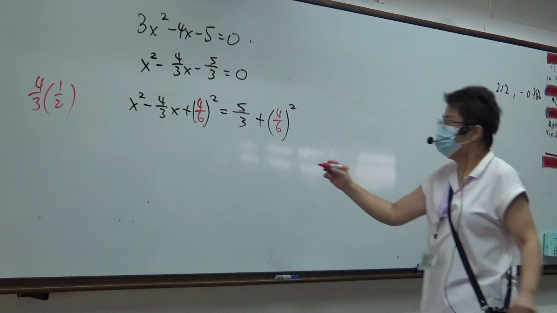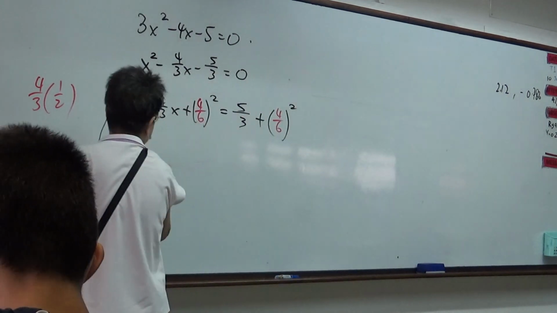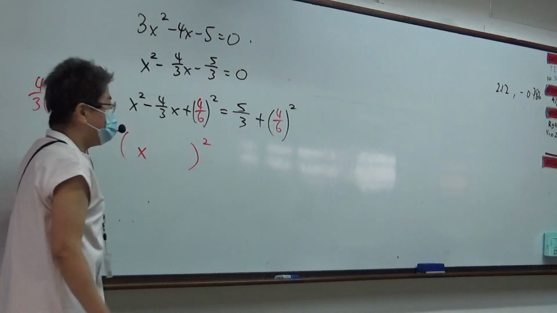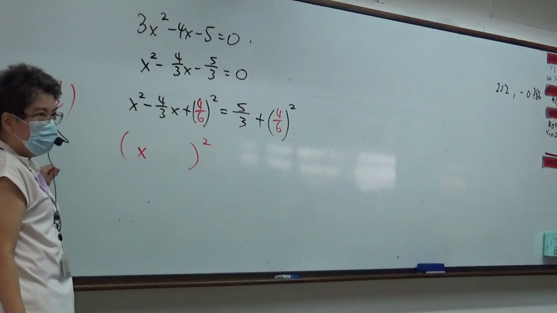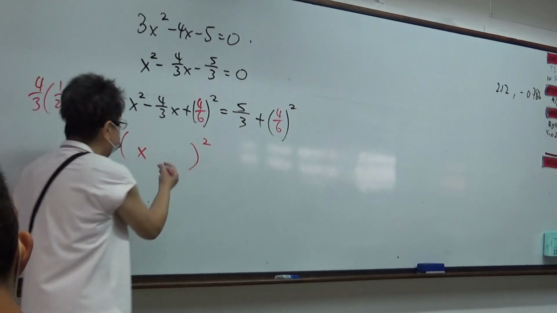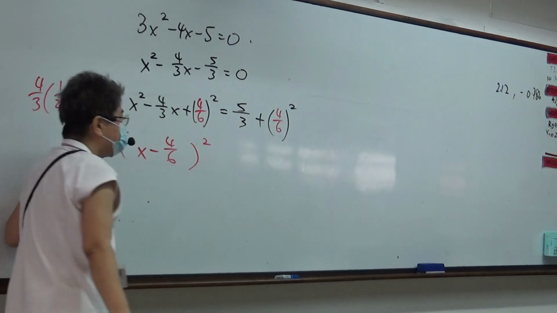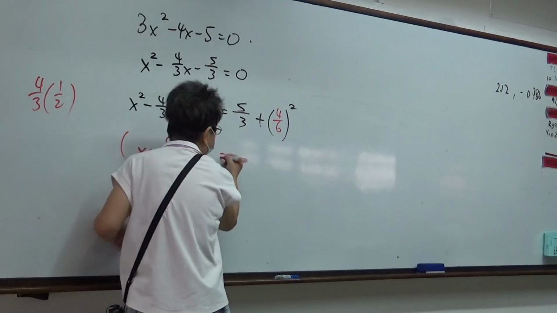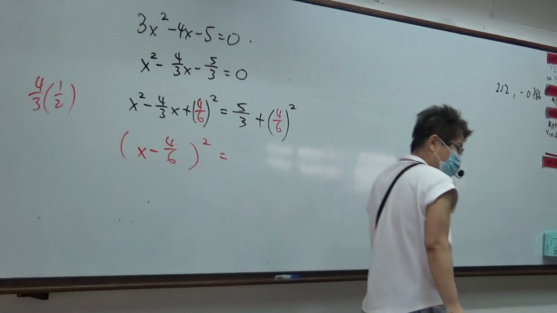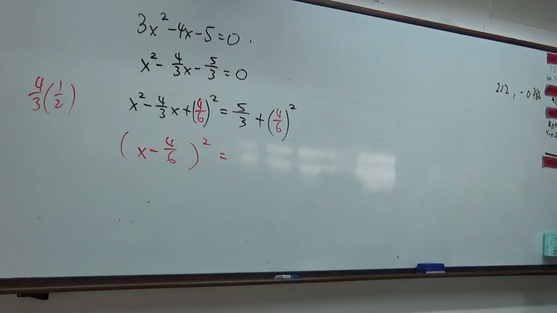Alright, now, then this side will become a perfect square. X plus, plus or minus? Yes. Minus 4 over 6, right? Will be equals to, I want to key in this for you. And give me an improper fraction. 4 over 9.